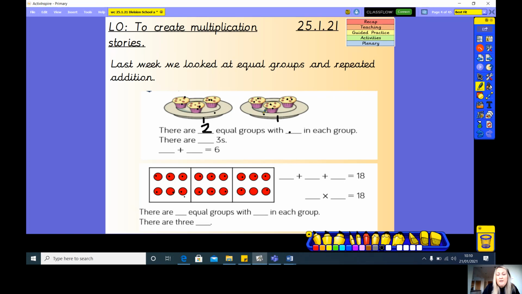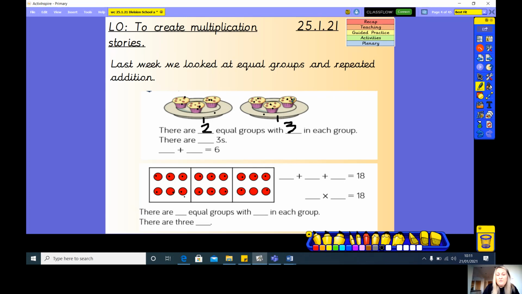So we have 2 equal groups, and how many are in each group? Well done. 1, 2, 3 in that group, 1, 2, 3 in that group. So both of them have 3 in each group. So there's 2 equal groups with 3 in each group.